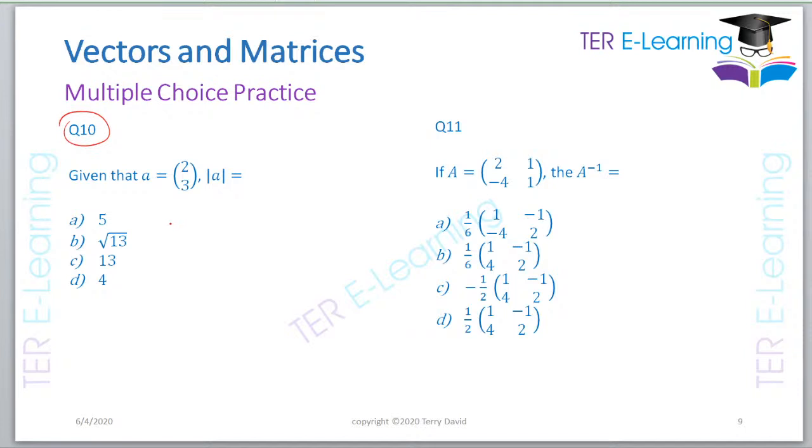In question 10, we have a vector A, which is given by (2, 3), and the question wants to know what is the answer for this. What is the answer for question 10?